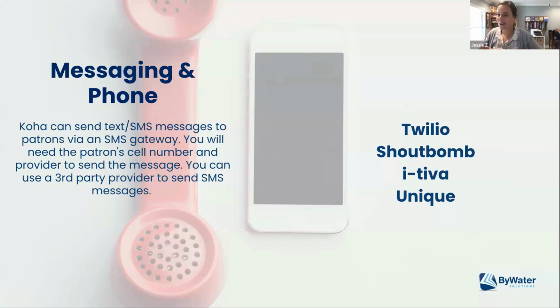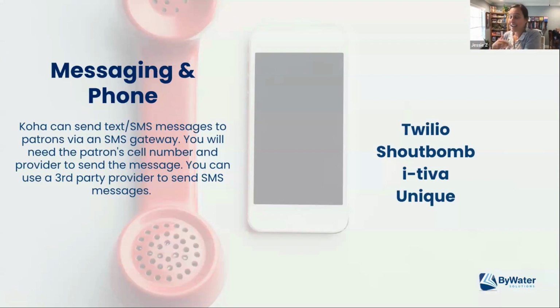As we wait for Kelly, I'll keep talking about some of the integrations that we have. So the next one is messaging and phone notifications. We know how important it is to reach our patrons and customers, letting them know about information that's available and ready for them at the library.